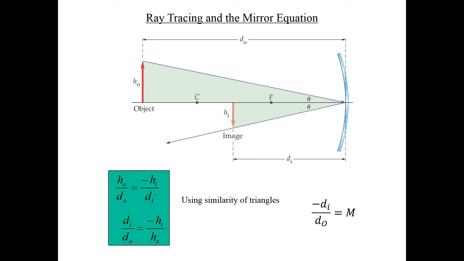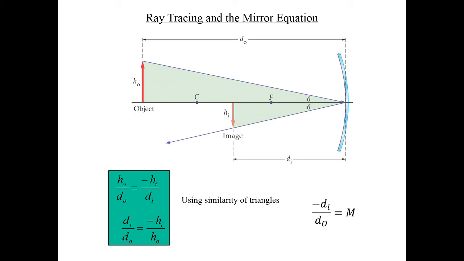Once we've done that, we can use the similarity of triangles. The angles are exactly the same in these two triangles, so the ratios are equal: the ratio of the height of the object to the distance of the object is equal to the ratio of the height of the image divided by the distance of the image.